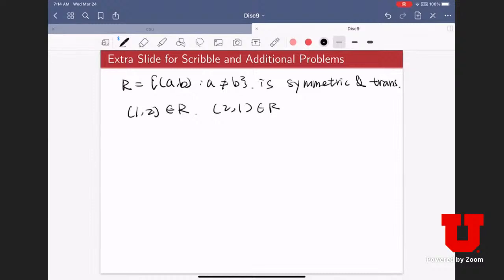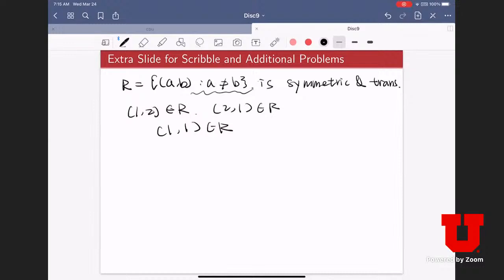And if R is transitive, we also need that (1, 1) is in R, but that actually violates the definition of the relation R, where your a cannot equal b.